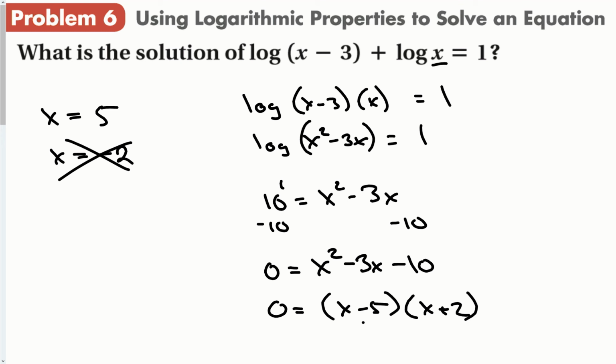Because if I plug negative 2 in there, I would get a negative number. x could be equal to a negative number, but the inside of a logarithm cannot. So we get rid of that. The answer is 5. And if you plug that into a calculator, you would see that it does indeed work.